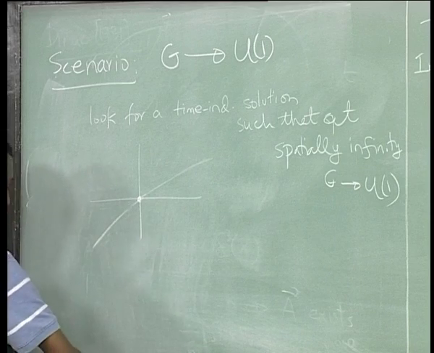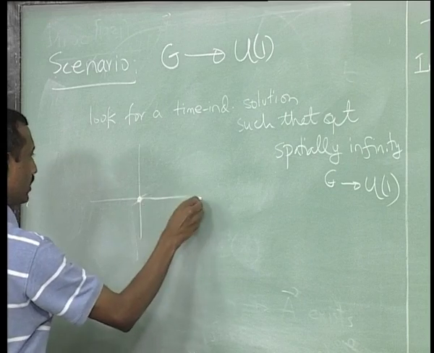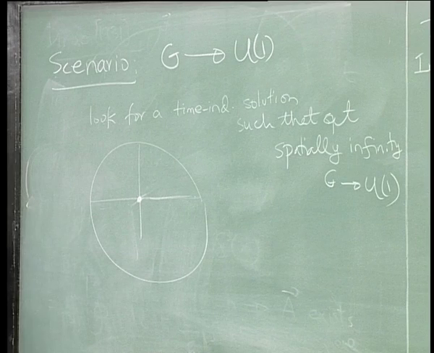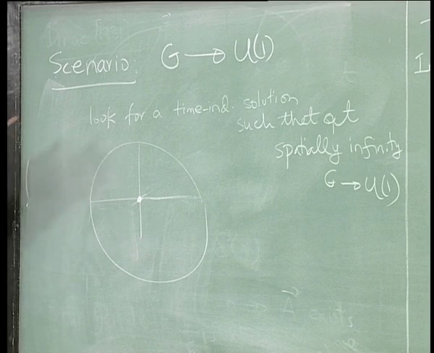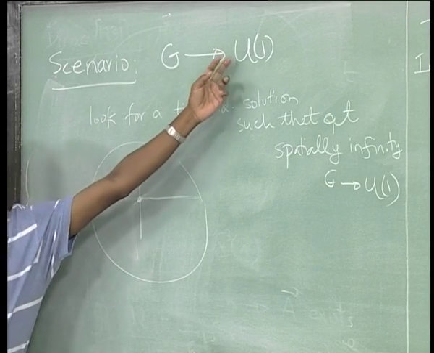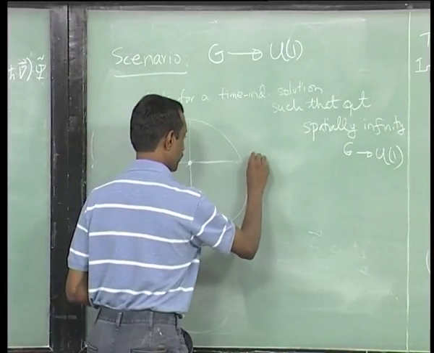So, what we have is at the origin we have a problem, but at spatial infinity, let us say there is a scalar field which gets a vev, that is a Higgs mechanism, and so this non-abelian local symmetry gets broken and there is only one massless gauge field, and that is a U1.